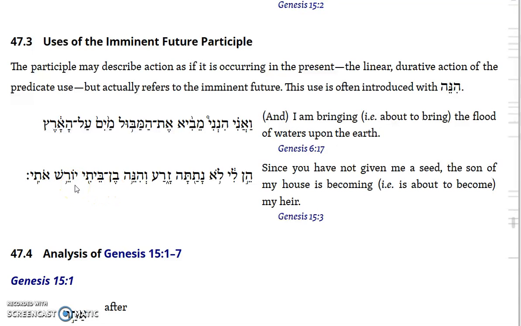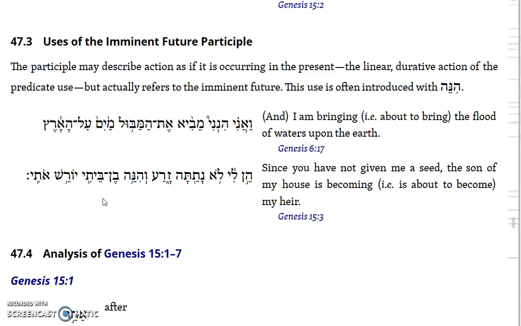And then you get the participle, yoresh, is going to inherit, oti, me, is going to inherit, in this context, from me. And here the qal active participle masculine singular, yoresh, from yarash, means what will happen in the not too distant future.